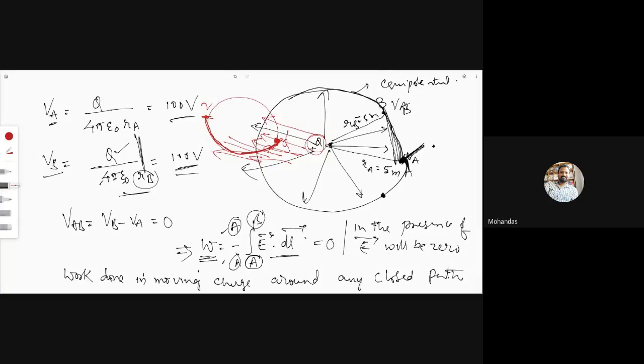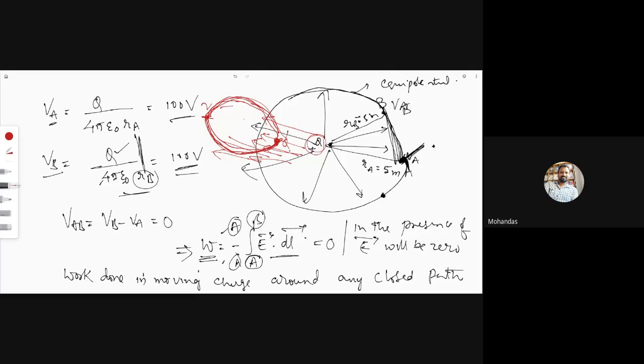But if you want to move from 2 to 1, we are moving against the electric field. From 1 to 2, the electric field takes care of the movement of the charge, and from 2 to 1 some external work must be done. Both works done should be balanced.